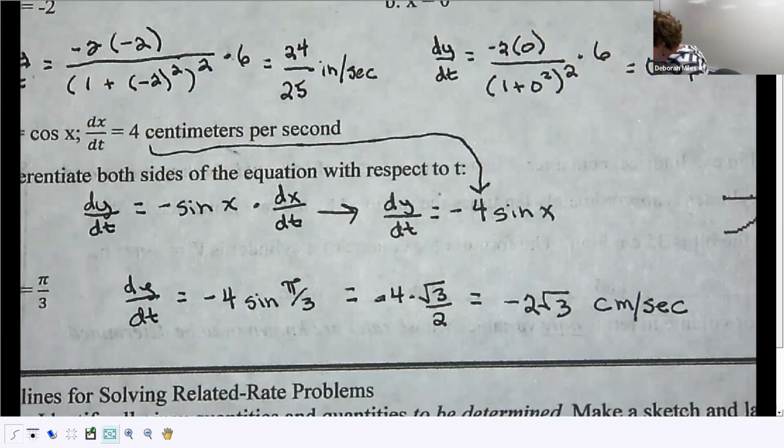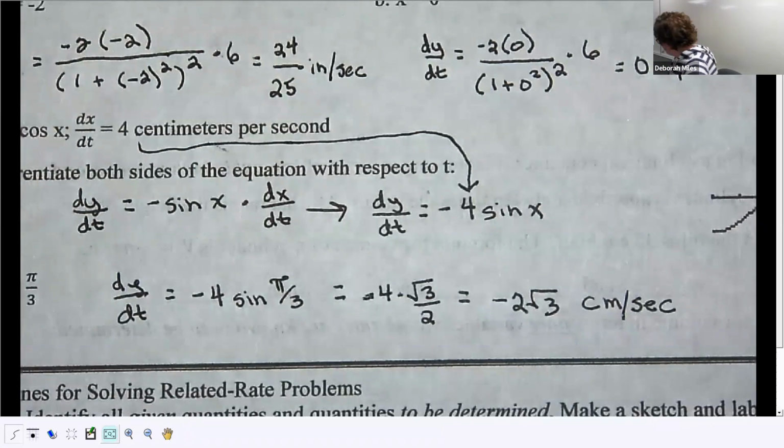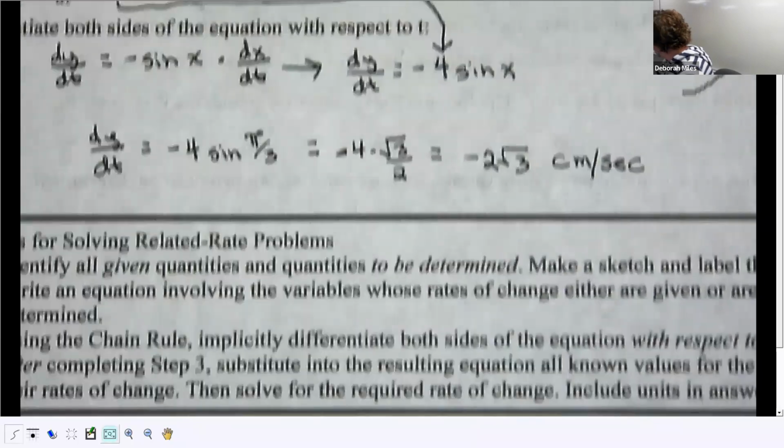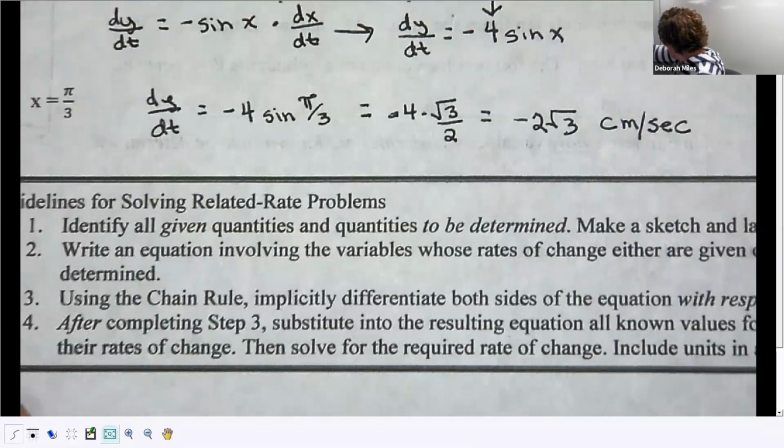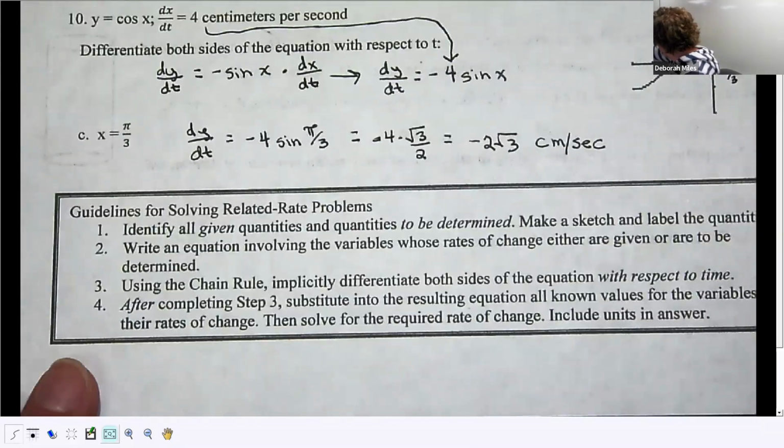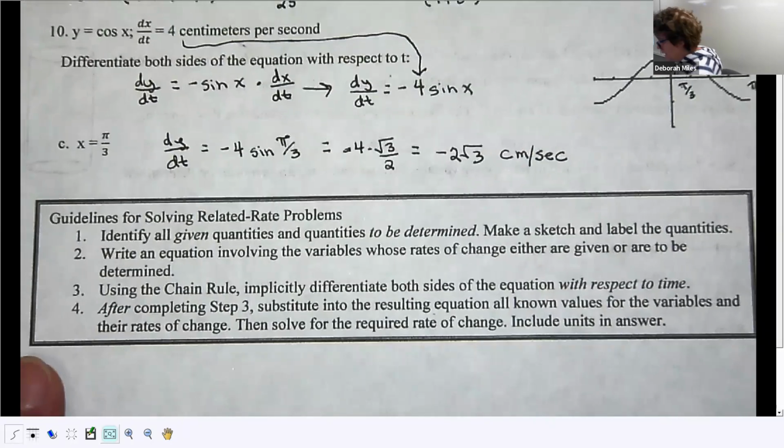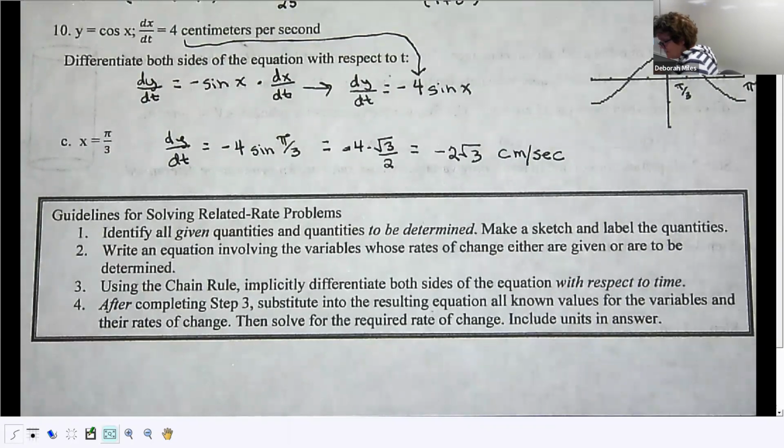Yeah, it's a ratio. The rest of the problems aren't just marbles rolling around curves where the equation of the curve is given to us. We have to come up with an equation for how our quantities are related and how they both depend on time.